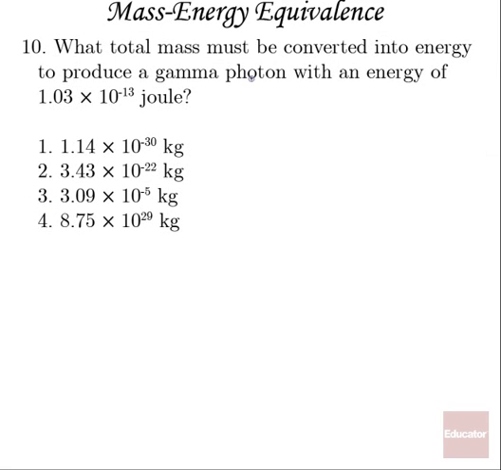Number 10. What total mass must be converted into energy to produce a gamma photon with an energy of 1.03 times 10 to the minus 13 joules? Well, if we're trying to get that energy, we know E equals mc squared.